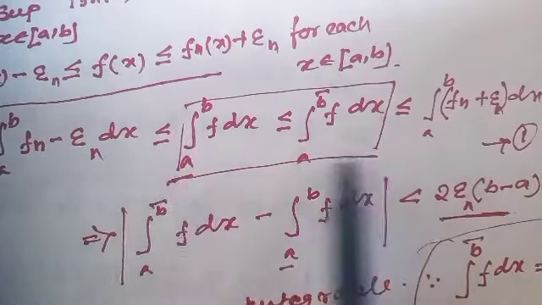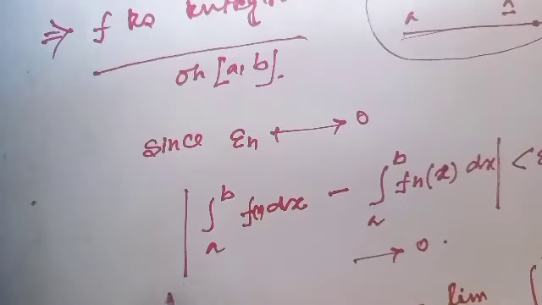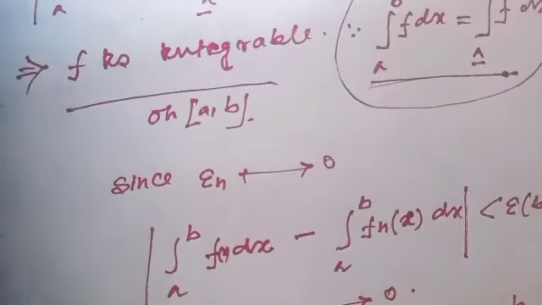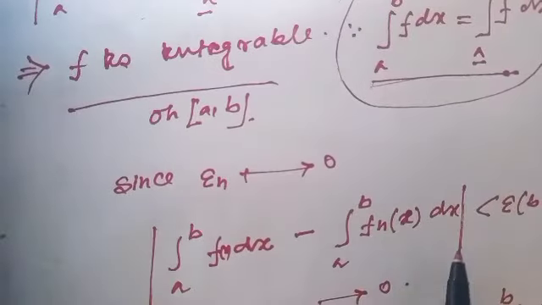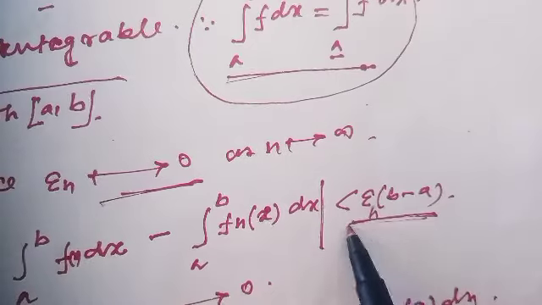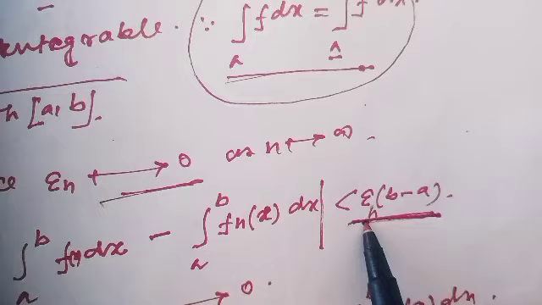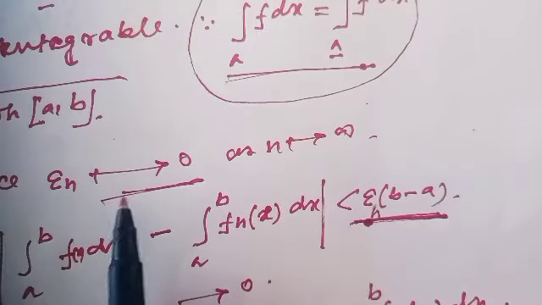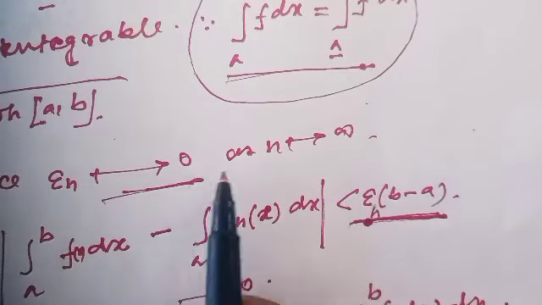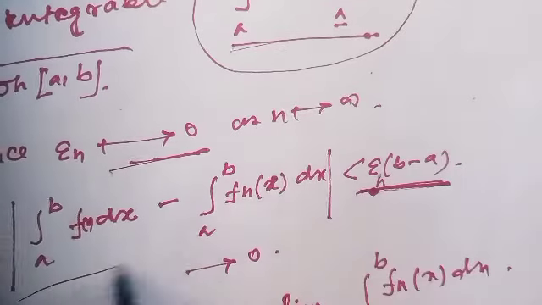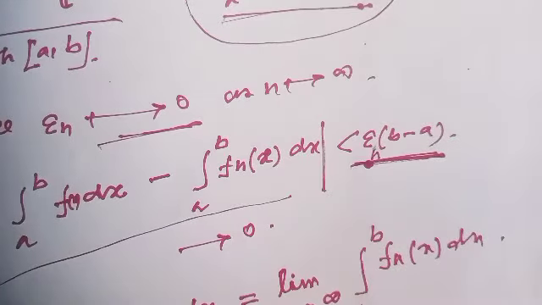This relation is equal. So by this relation we can tell easily that the absolute value of the integral from a to b of f(x) dx minus the integral from a to b of fn(x) dx is less than epsilon n times (b minus a). And since epsilon n tends to 0 as n tends to infinity, obviously this relation tends to 0.